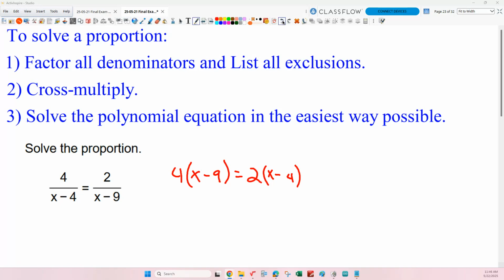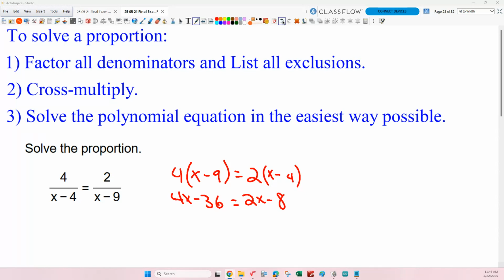Okay. So if I distribute those out, what am I going to get on the left side? 4x minus 36. And what about the right? 2x minus 8. How would I solve for x?